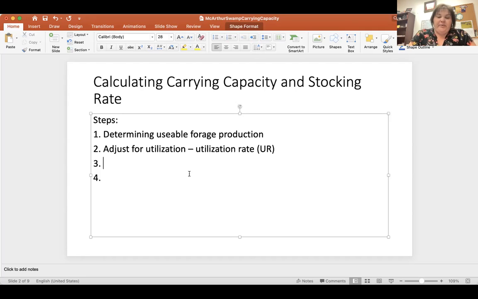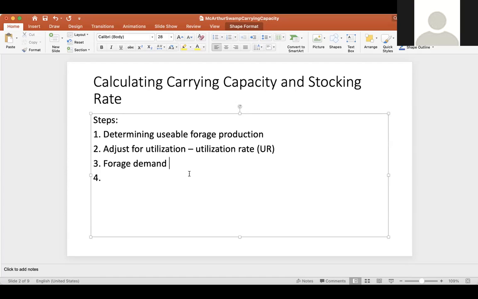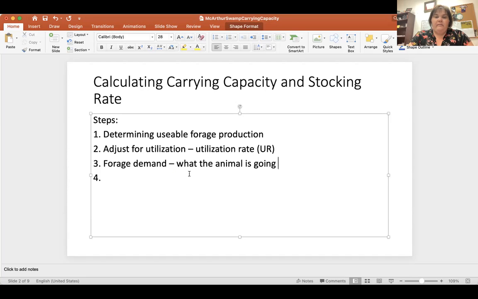Okay, and then step 3. The forage demand. Yep, forage demand. Okay, so this is going to be what the animal is going to eat, right? And then step 4. Determine the stocking rate. Yep.